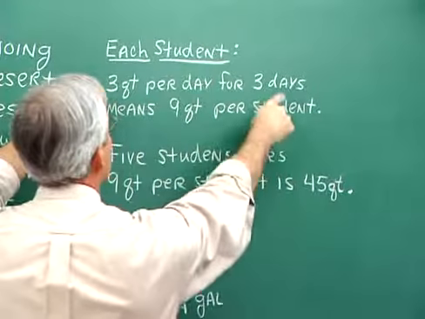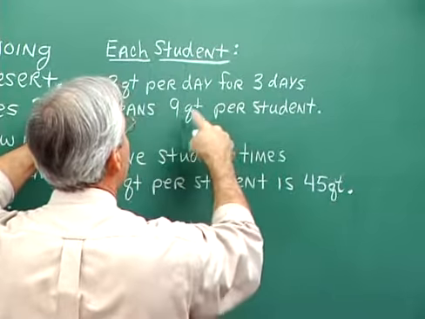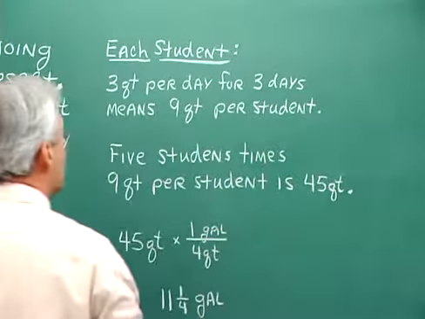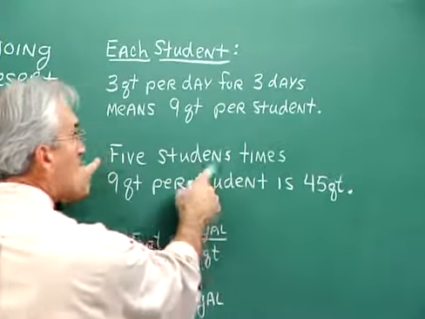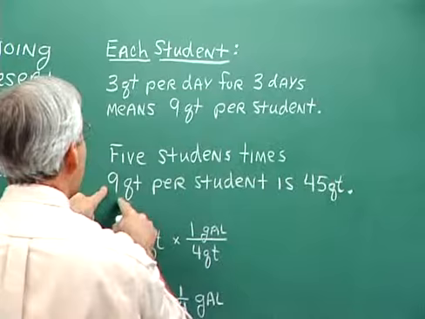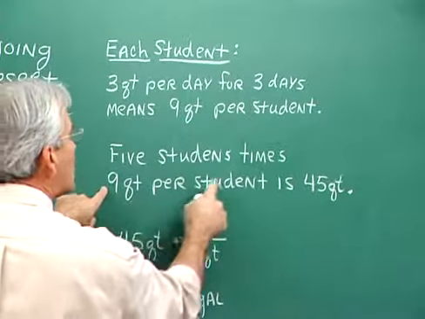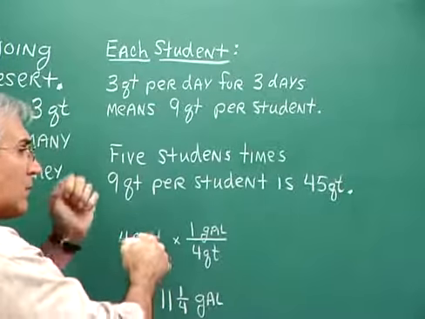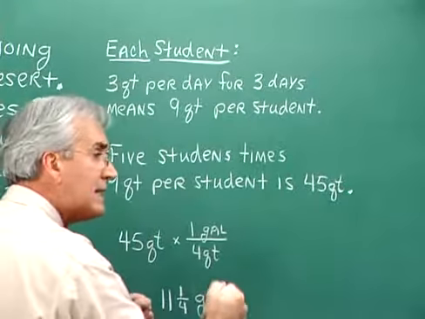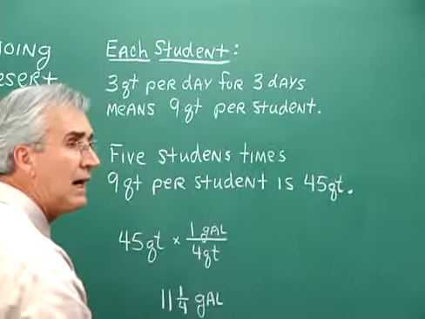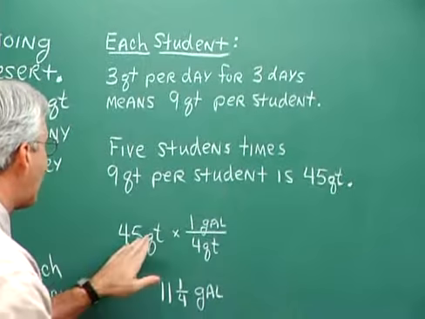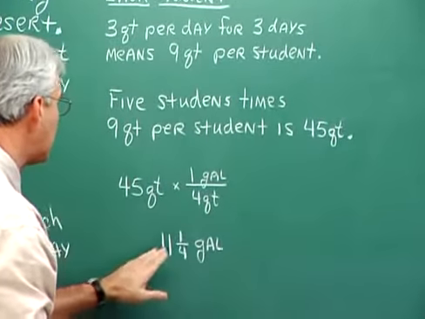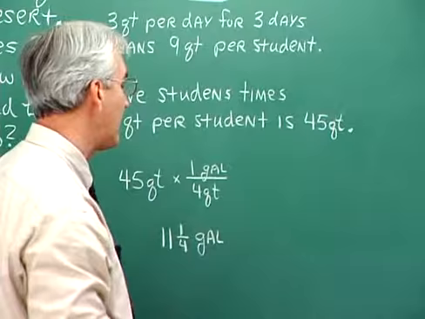So 3 times 3, 9 quarts of water are needed for every student. But there are 5 students. So 5 students times 9 quarts per student, you see, is 45 quarts. So again, we get to that 45 quart idea just using a different kind of logic pattern. And the 45 quarts is converted into 11 1/4 gallons in the same way that it was before.